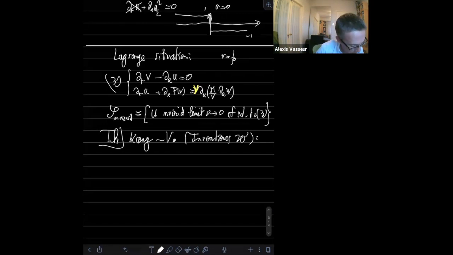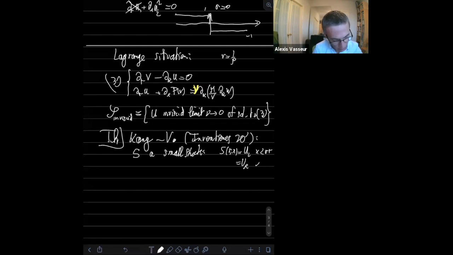But if you consider S a small shock, and I wrote above what it means, right? It means that S of t,x is equal to a certain U_L for x smaller than sigma t, and another value for x bigger than sigma t. So it is a spatial traveling wave, right? And you take a sequence of inviscid limits.